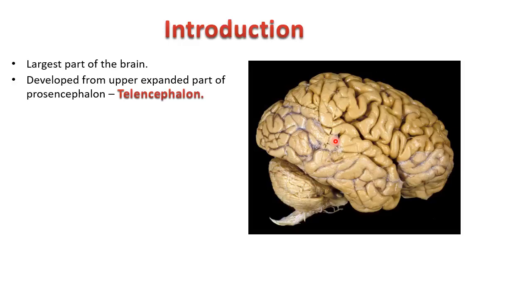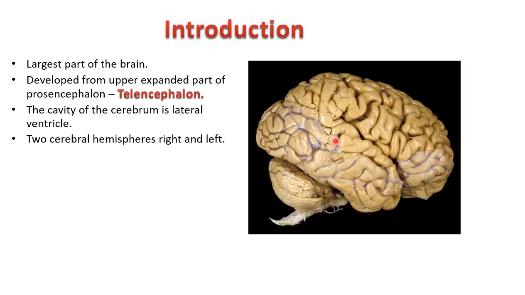The diencephalon is the thalamus and hypothalamus, which we have seen, along with the metathalamus, subthalamus and epithalamus. The telencephalon is largely expanded and highly convoluted in humans, and the cavity of the telencephalon is the lateral ventricle, which you will be able to see on the medial aspect.